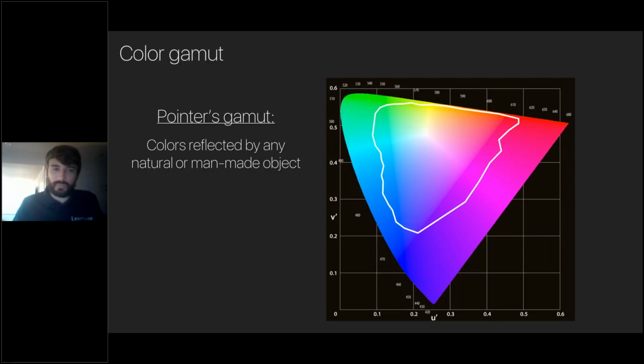This is what we call Pointer's gamut. As we can see, Pointer's gamut only covers 46% of this color diagram. So interestingly, the human eye can process many more colors than it actually encounters in real life. The colors outside Pointer's gamut can be reproduced using LEDs, but those colors don't look natural to us.